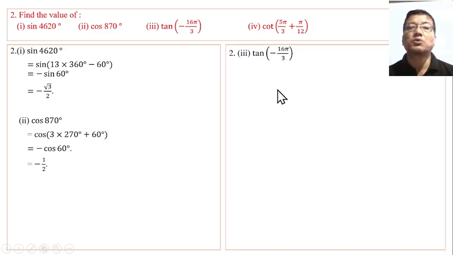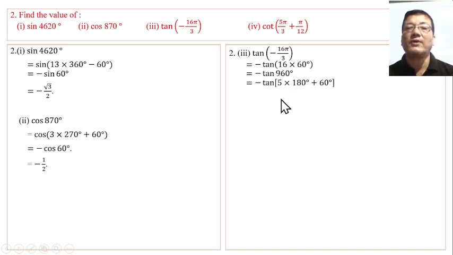Then for negative angles, tan of pi by 3 times 16. 16 times 60 is 960. Dividing 960 by 180 gives 5 times plus 60 degree, complete revolutions, and half revolutions. This lies in the third quadrant, so tan is positive, and minus sign applies.